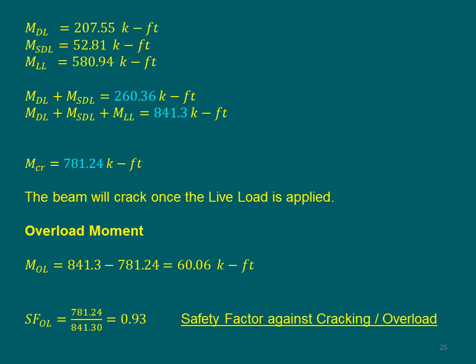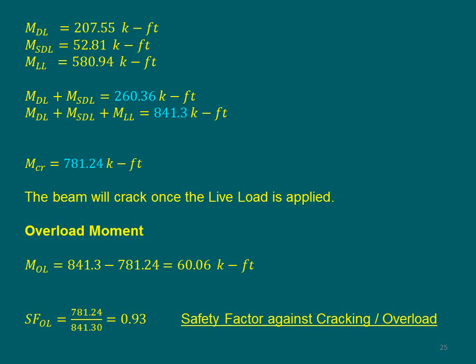Now, the moment due to dead load, which is self-weight only, is roughly about 208 k-ft. For superimposed dead load, let's say about 53 k-ft. Due to live load, maybe 581 k-ft.